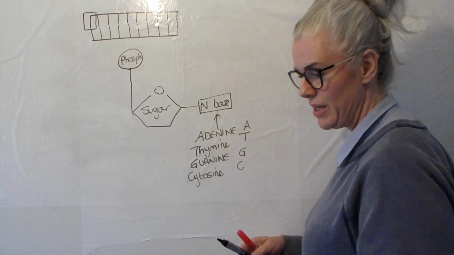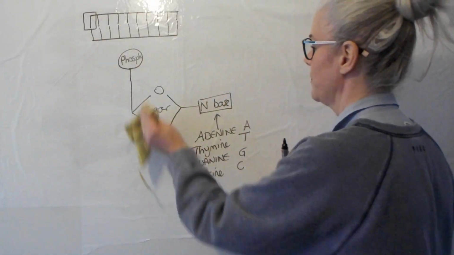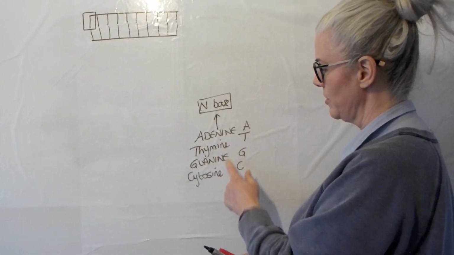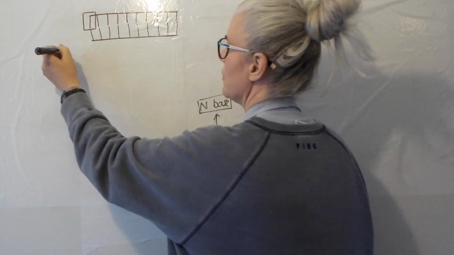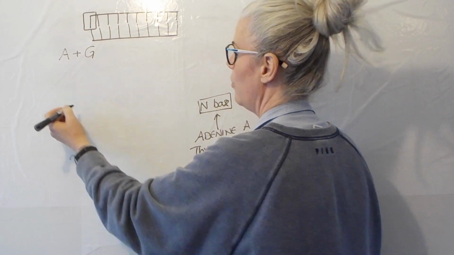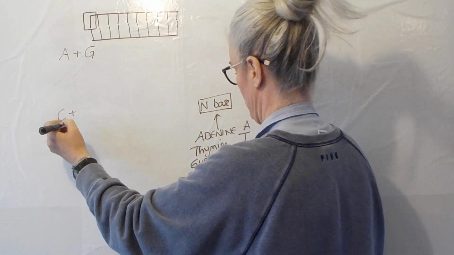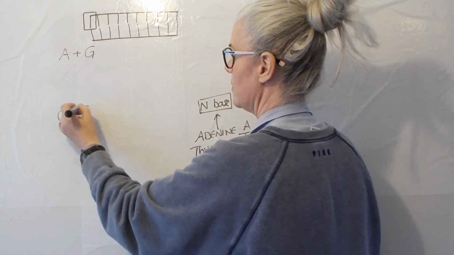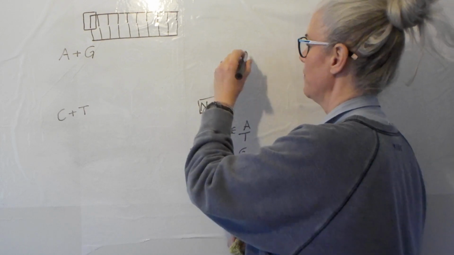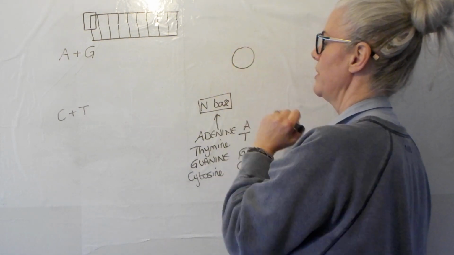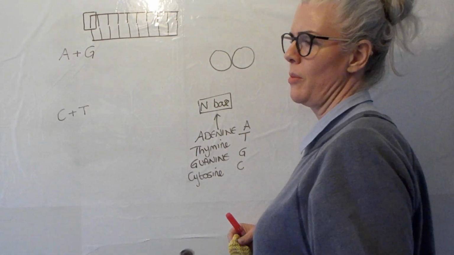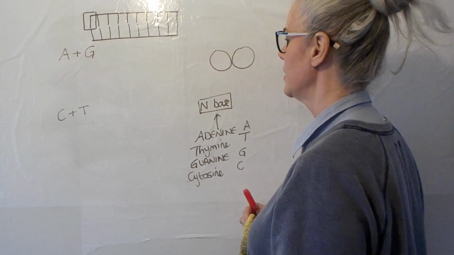Now, if we have a look at these bases a little bit more closely, there are 2 types, and you can see I've capitalised some of them and lowercase some of them. So A and G are one, and then the C and the T are the other. When you look at the structure of them, they have either a single ring structure or a double ring structure. I'm just going to draw them as circles because honestly they're more complicated than you need to know.